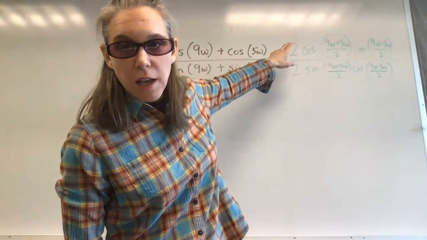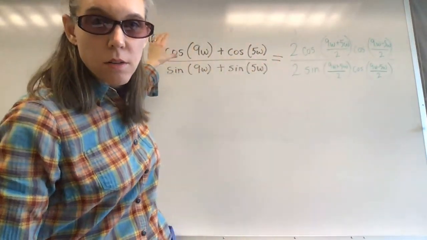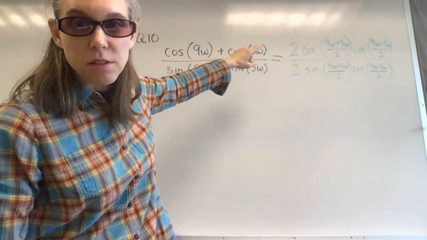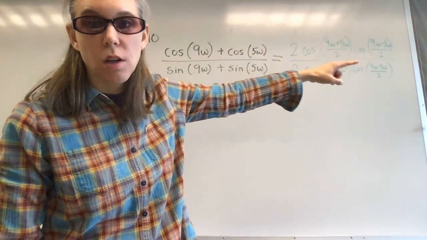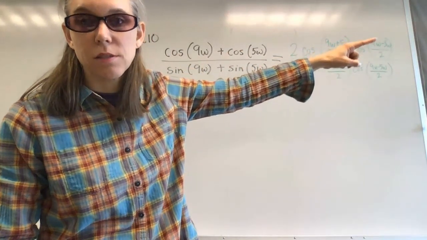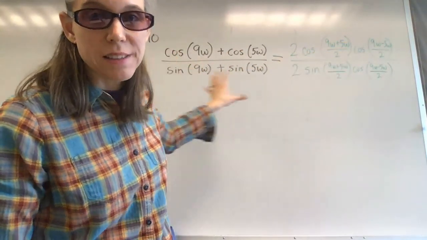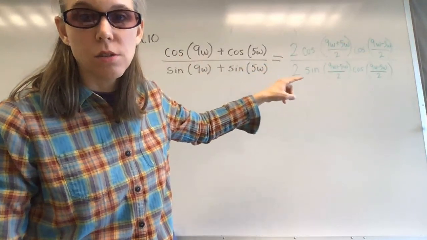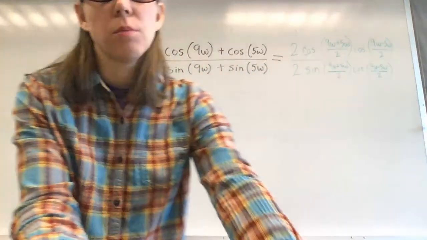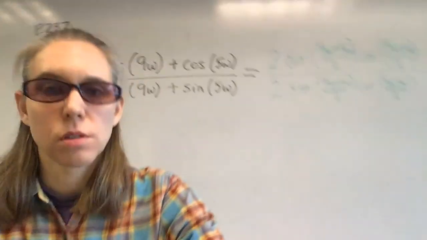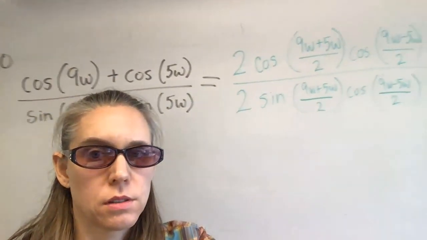Okay, so here we have the formula for cosine sum. It's 2 cosine u plus v over 2 cosine u minus v over 2. And then for sine sum, it's 2 sine u plus v over 2 cosine u plus v over 2. That's a little blurry. Let me bring this closer so you can see it.